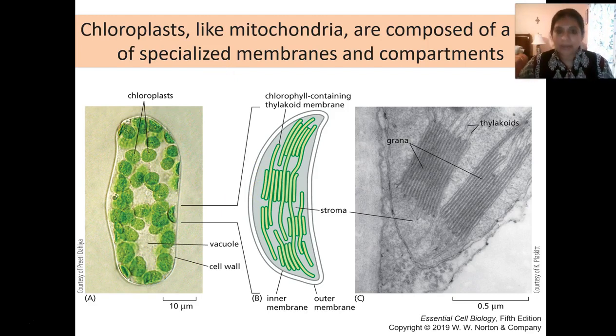And these flattened stacks are called grana. The discs are made of thylakoid membranes, and then individual discs in here are what we call thylakoids, and then when you stack them up on top of each other, you get what we call a grana.